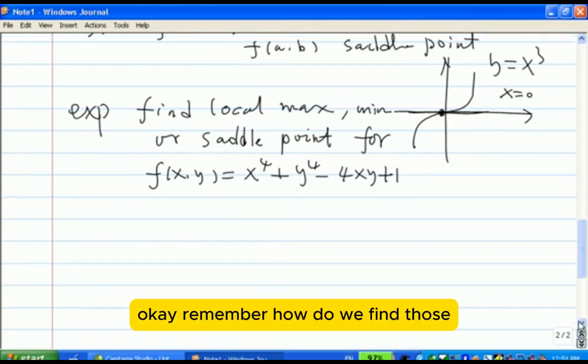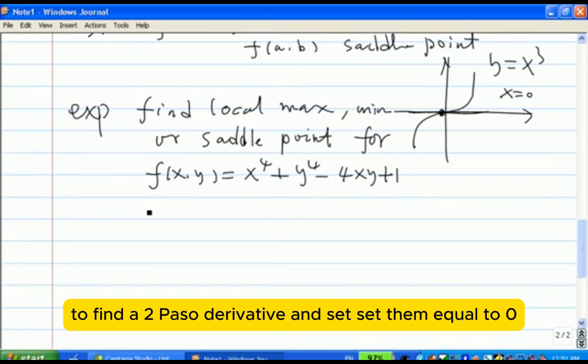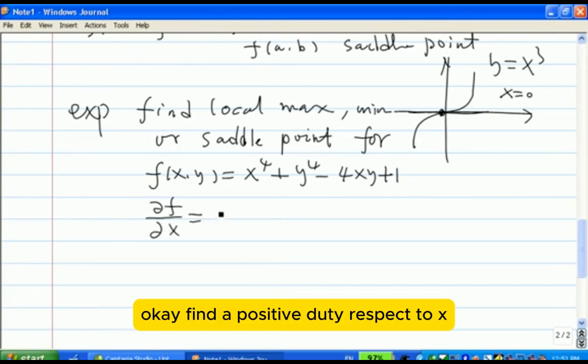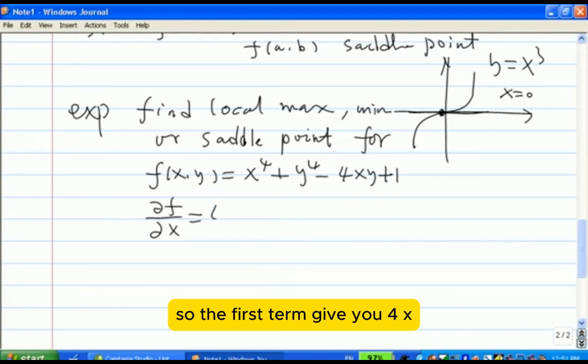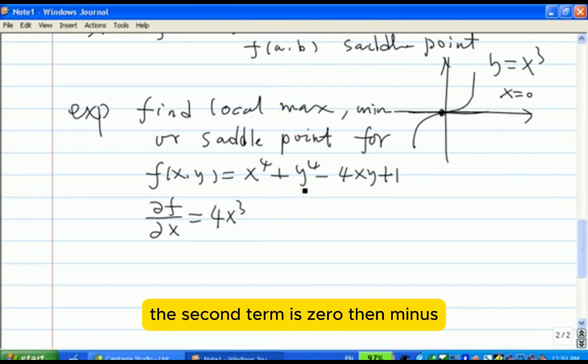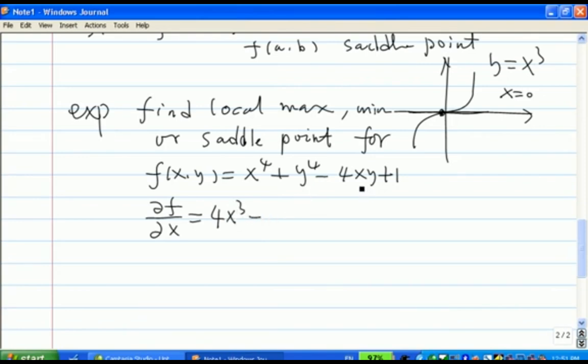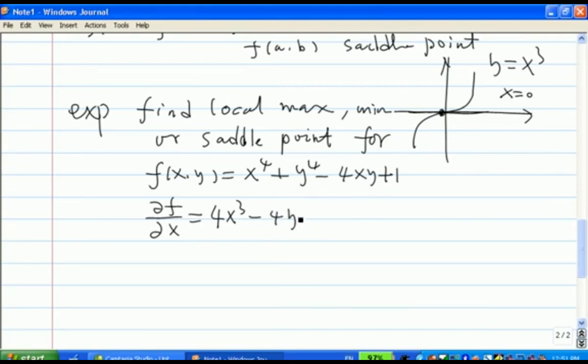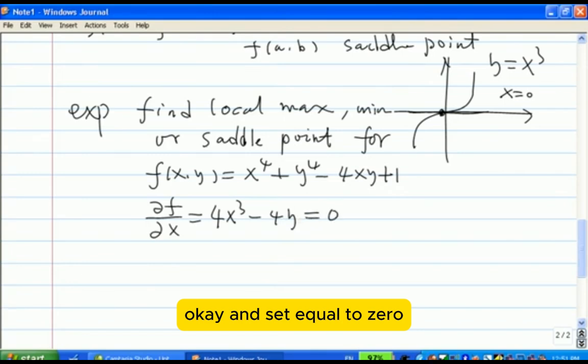Okay, remember how we find those? To find the local maximum and local minimum, we need to find the two partial derivatives and set them equal to 0, right? So let's find the partial f with respect to x first. That means you treat y as a constant. The first term gives you 4x to the third. The second term is 0. Then minus the third term, treating y as a constant, gives you 4y, and set equal to 0.